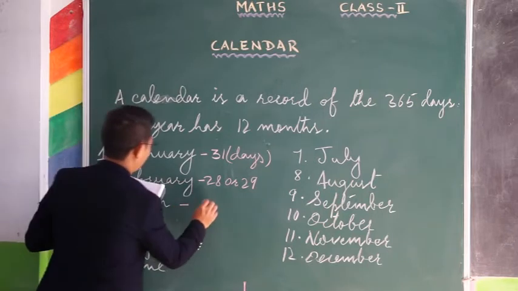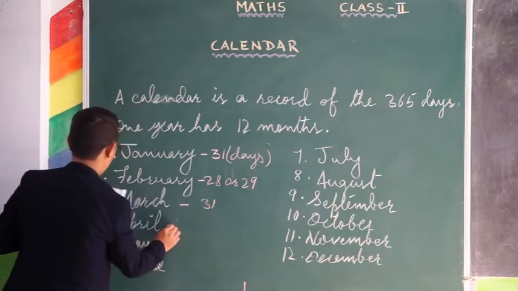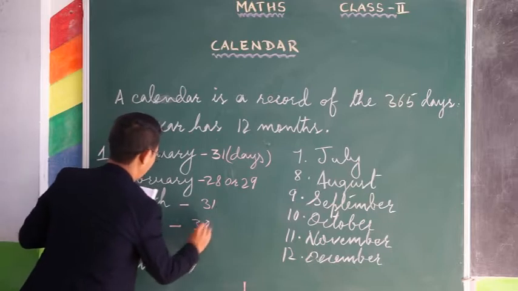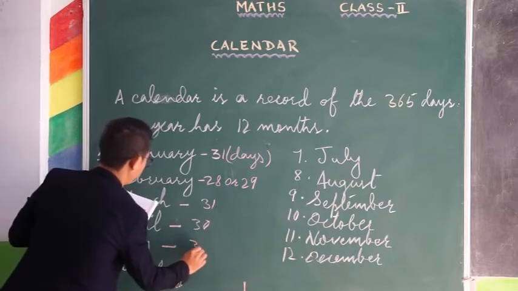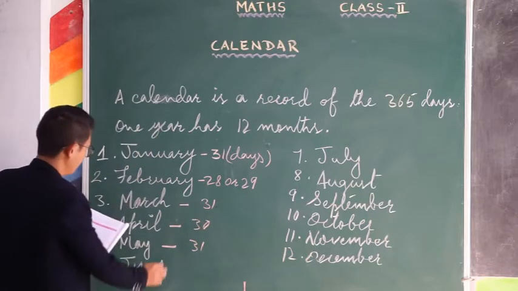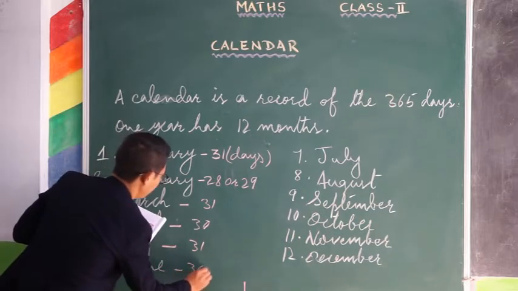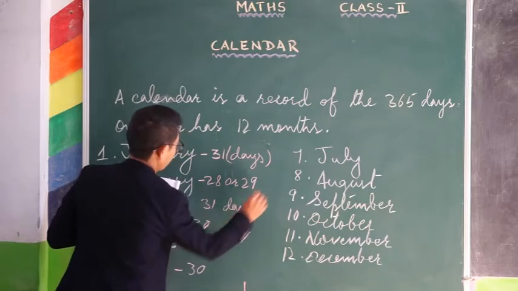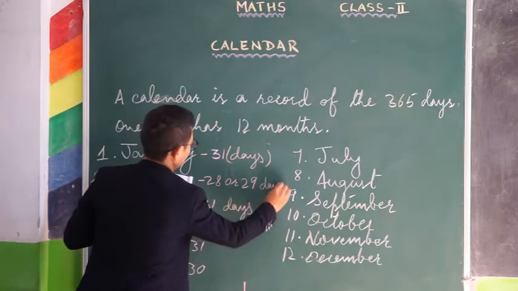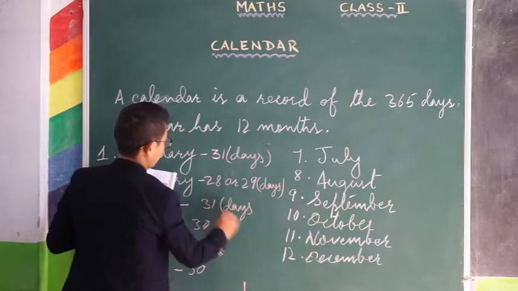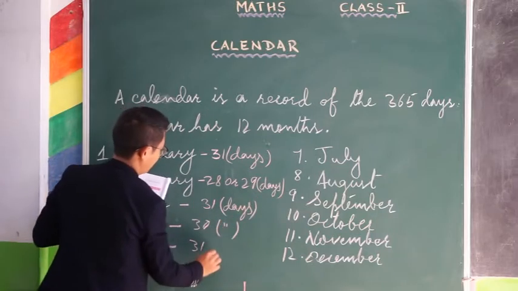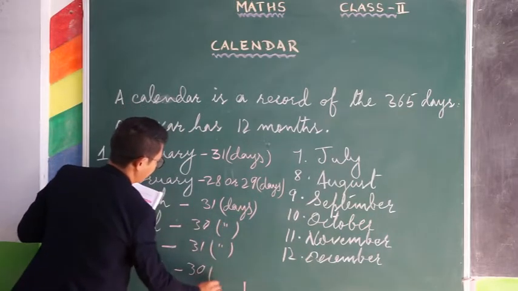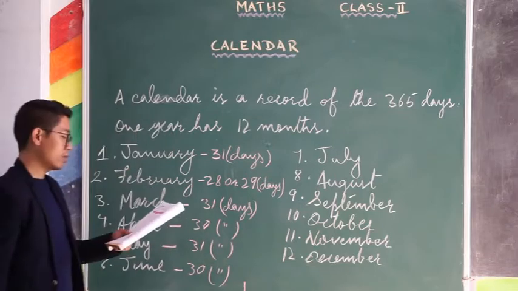Same way March 31, April 30, May 31, June 30. So all these are days, okay? Same here, days, okay?